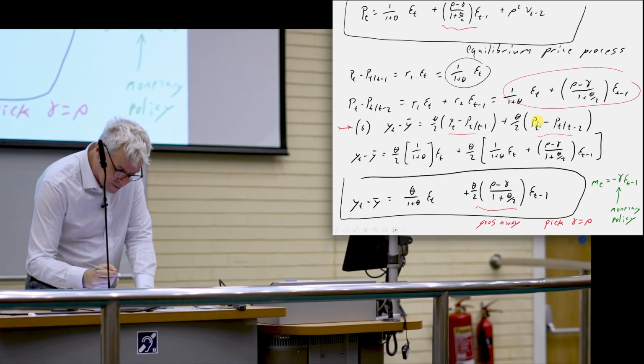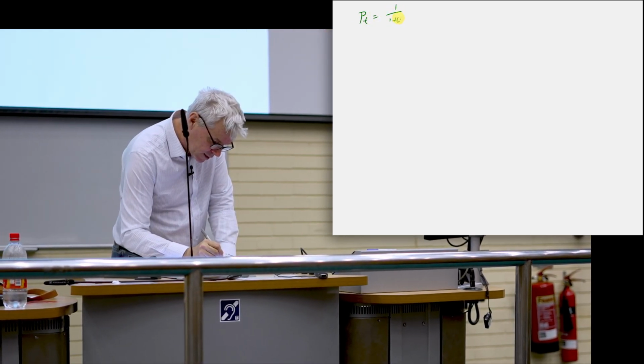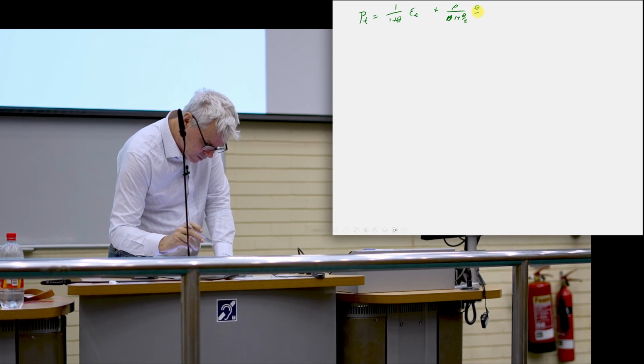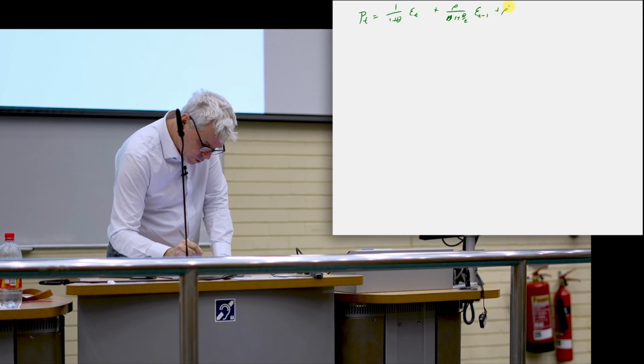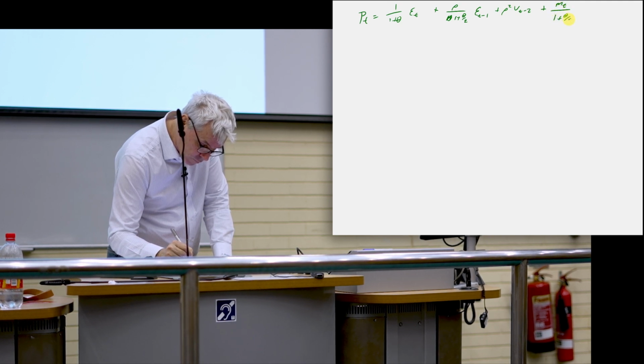I could write the whole thing as, let's see, PT is equal to 1 over 1 plus theta epsilon t plus rho over theta, 1 plus theta over 2, Et minus 1 plus rho squared Vt minus 2 plus mt over 1 plus theta over 2.